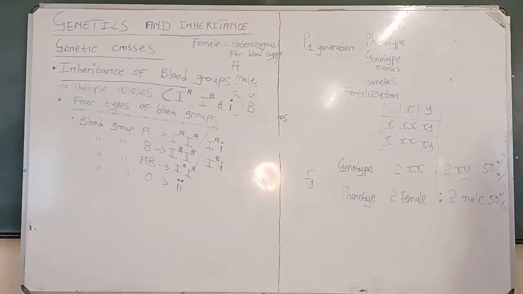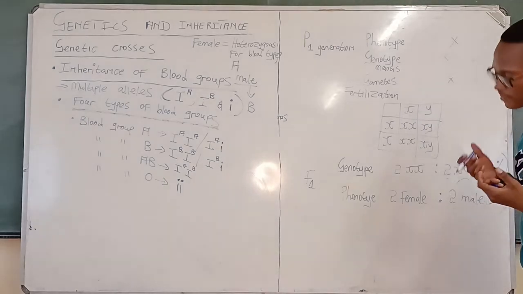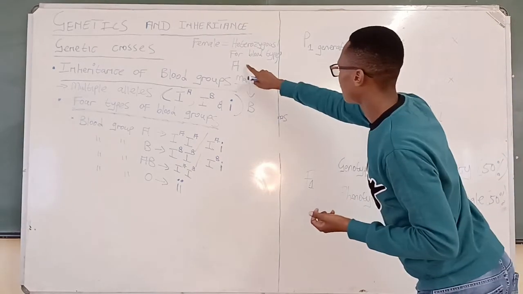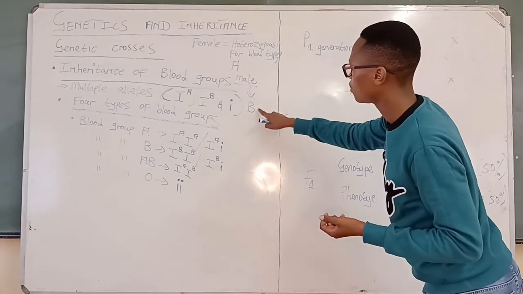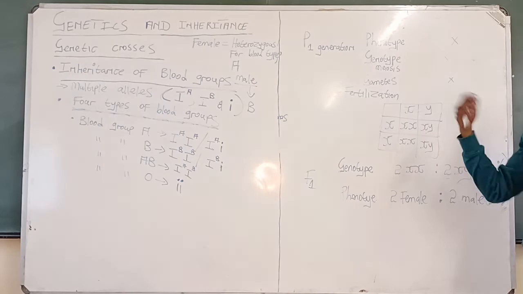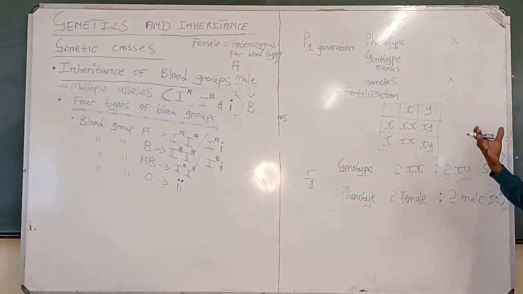So you want to show the possible offsprings that they're going to have. You want to see if their offsprings are going to have blood type A or B, or they're going to have all of those blood types, the possibilities of the offsprings.